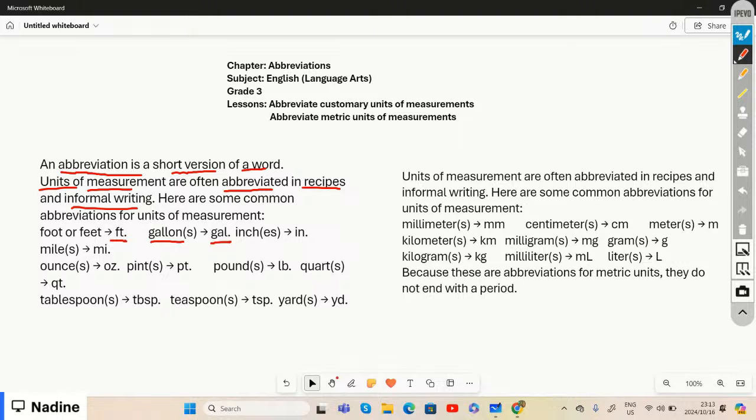And then if you look at the word inches, 5 inches, 7 inches, 10 inches, 2 inches, it's only IN, period. Only the first two letters, period.